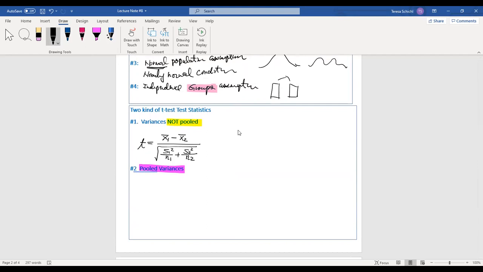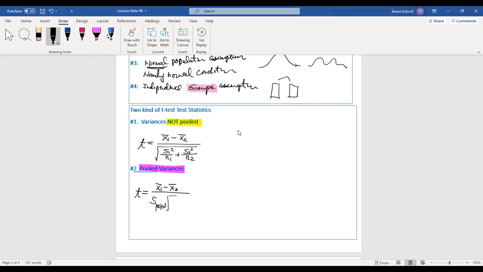Then if I use the pooled variances, what is the t-test? This is x1 minus x2, and then you will have S pool, very similar to what we did in the two population proportion test, right?